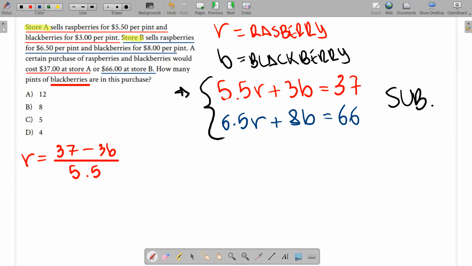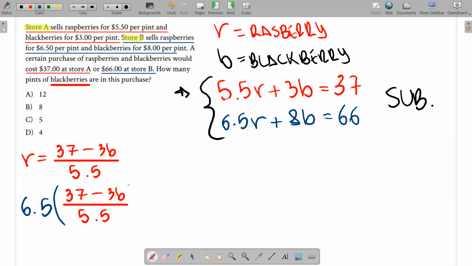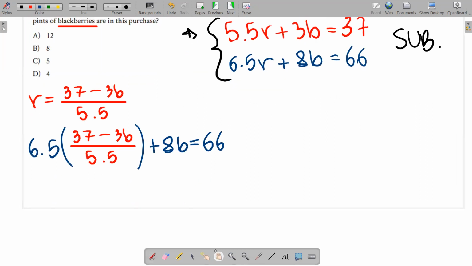That's important because now what I will do is take the second equation, but instead of writing R, I'm going to rewrite the expression that represents R. And now, by doing that, I have an equation that can be solved for B because it's the only variable that we have at this point. And that's exactly what I will do.